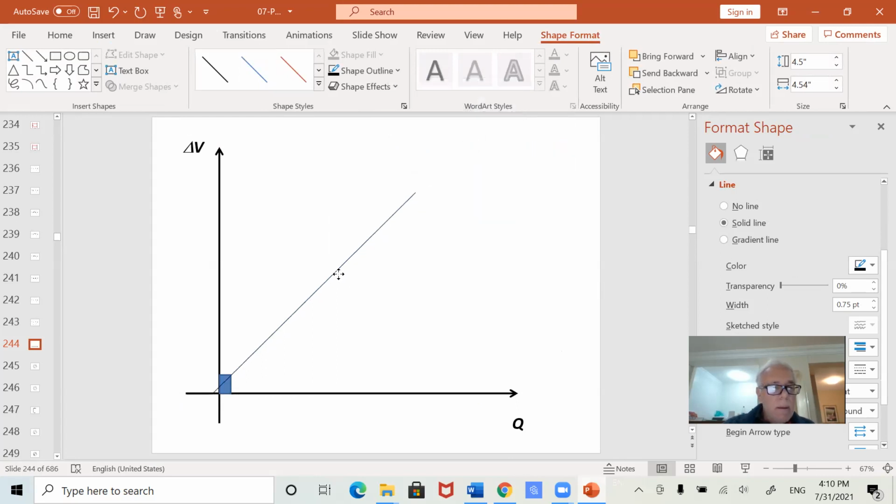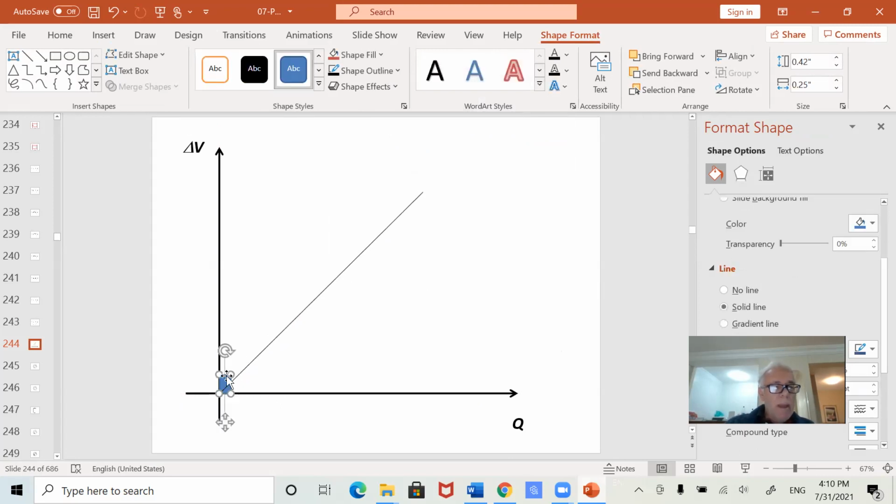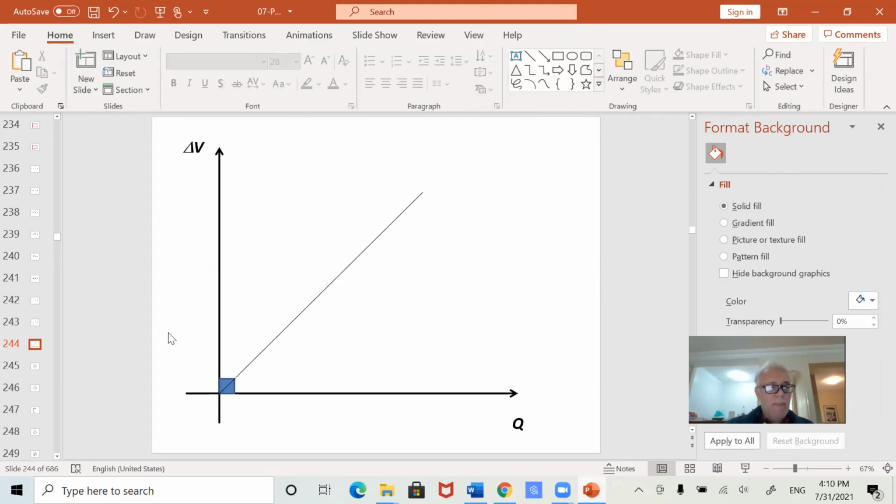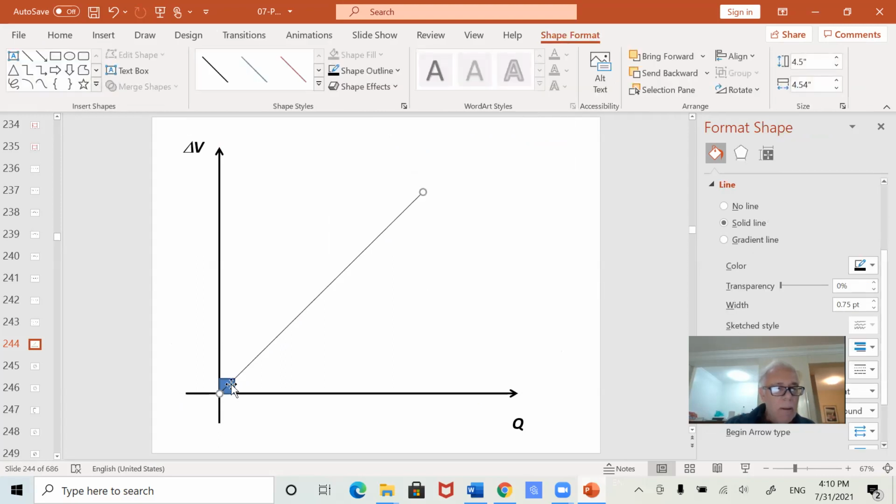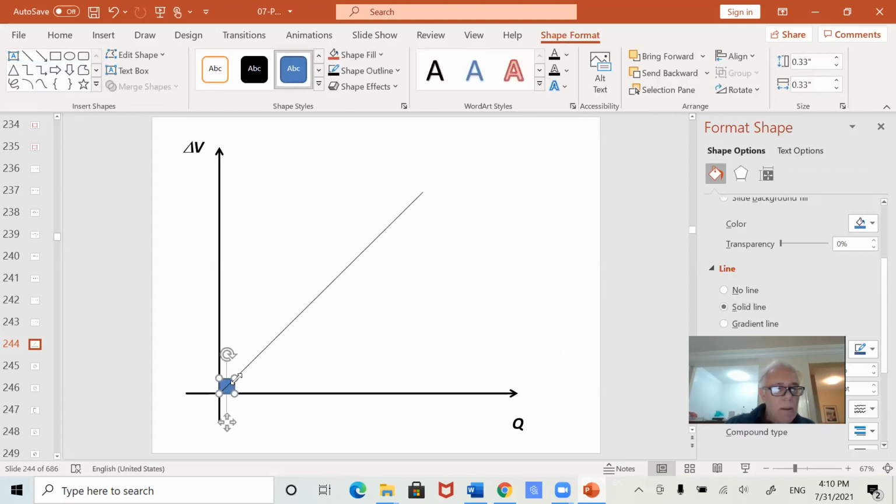If I were to do it in a better way, here you go, I would make it a little bit shorter like that, all right? Or even better, a little bit like that, a little bit above, a little bit below.